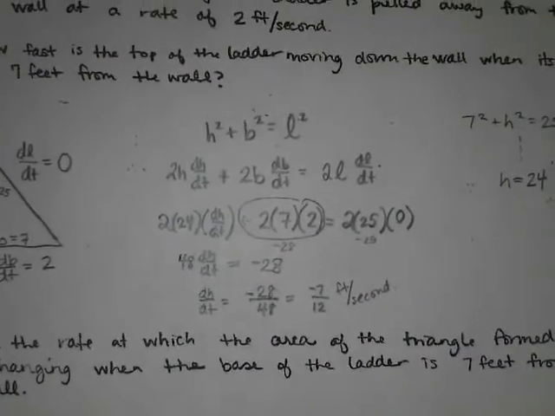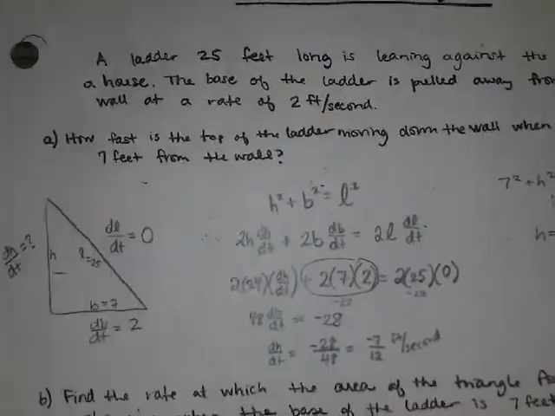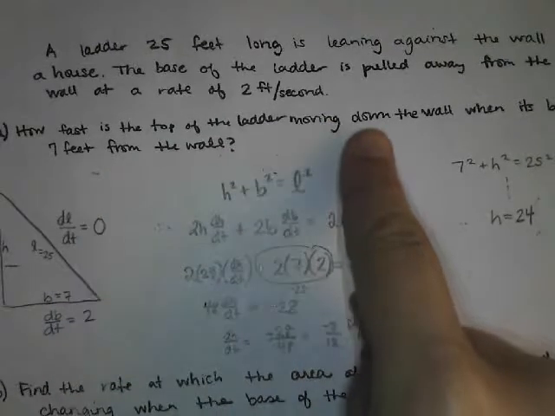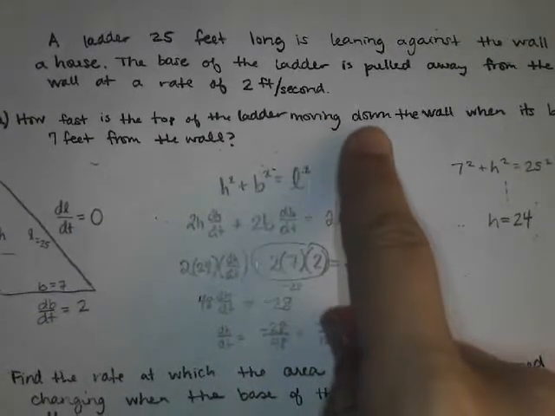Here's the one thing with related rates problems I'm going to caution you on, especially with multiple choice. Given the way that they phrased the question, if they had negative 7/12 feet per second as an answer and 7/12 feet per second as an answer, you would actually have to circle the 7/12, because they already kind of used down in the question.